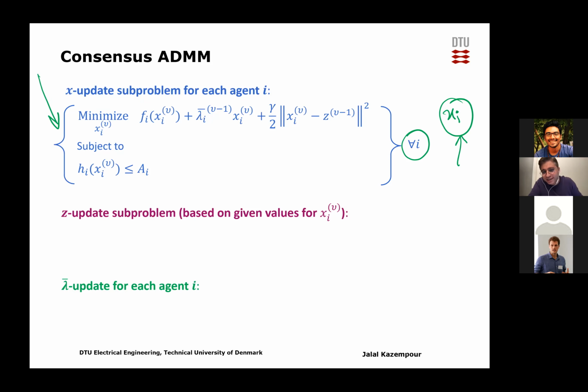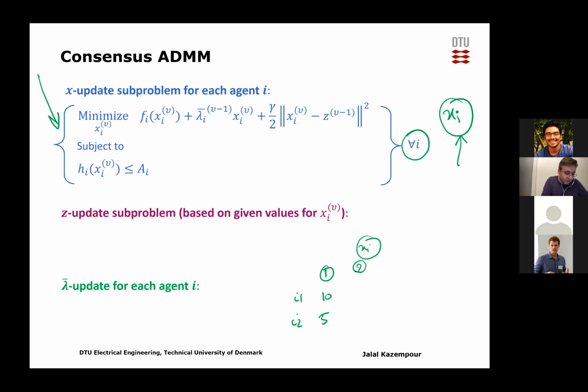In each iteration, the values of xi for different participants might be different, but over iterations, they should agree on the value of xi.